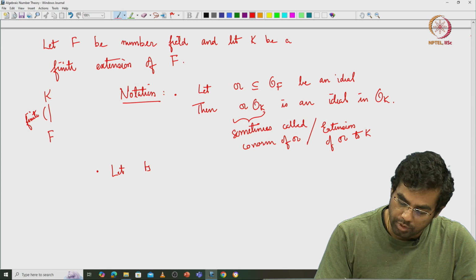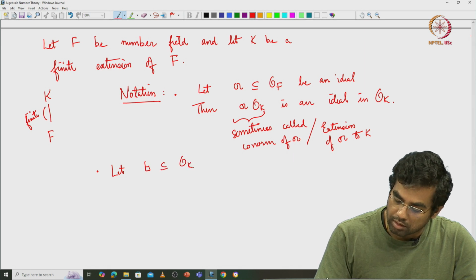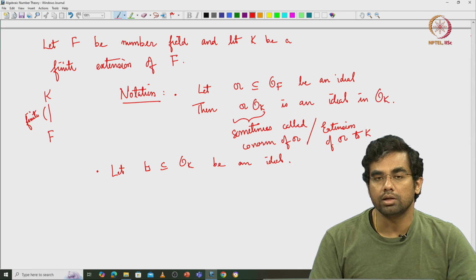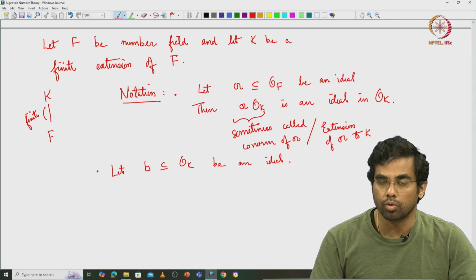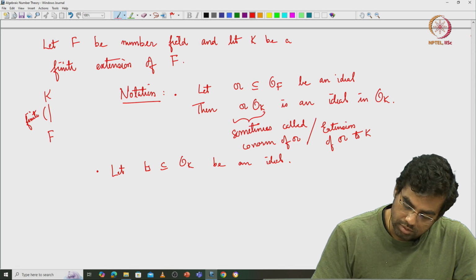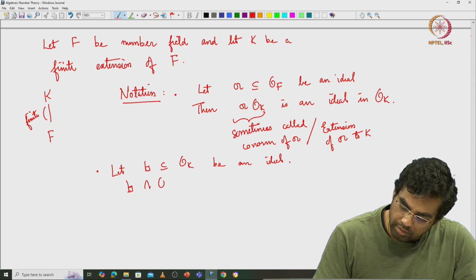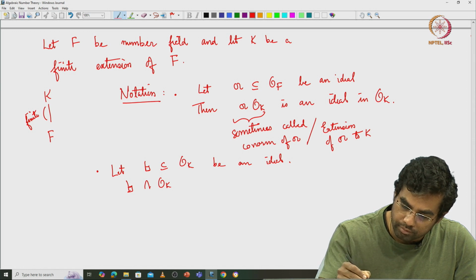let B be an ideal. Then there are two ways of getting an ideal inside OF from B. So, you can do B intersected with OF.